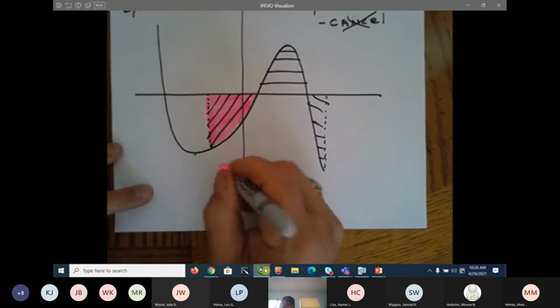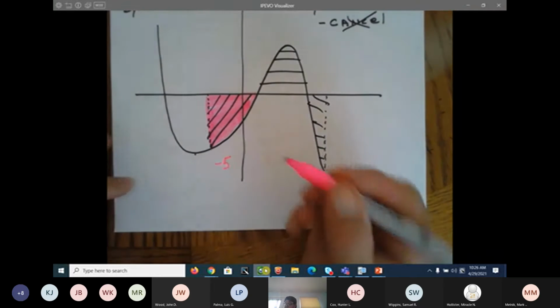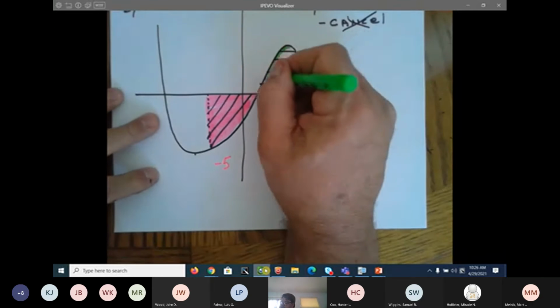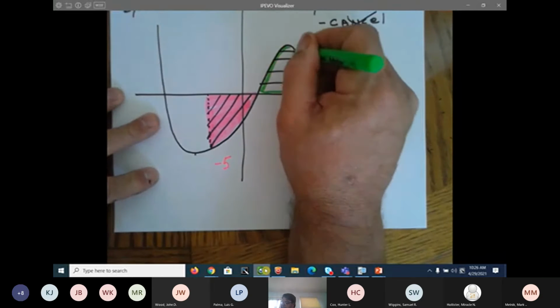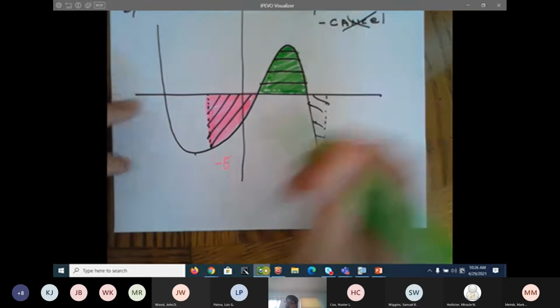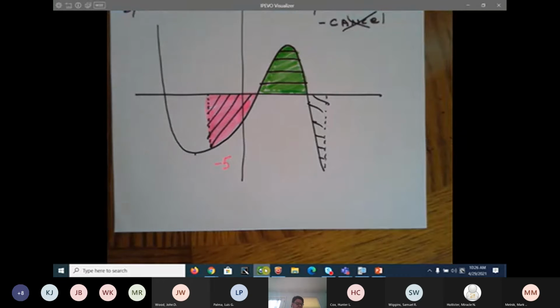You do the math, and it comes out to be -5. And then you do the blue or green area, which is above the x-axis, which means it'll come out to be positive area, and it comes out to be +4.